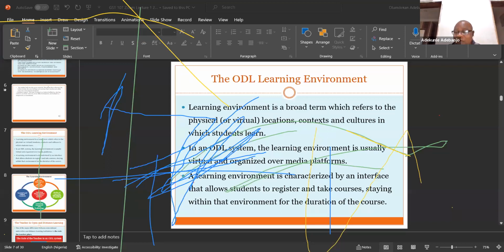You all understand what we are talking about. That is what is presently going on. And the learning environment is characterized by an interface that allows students to register and take courses, and stay within that environment for the duration of the course.